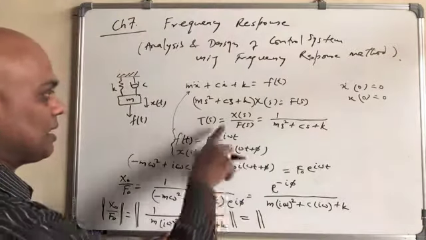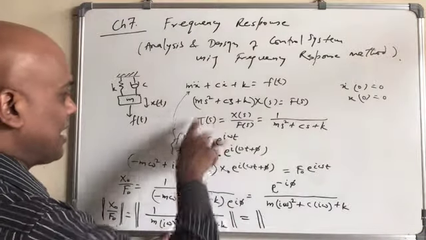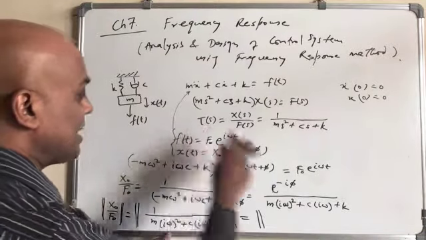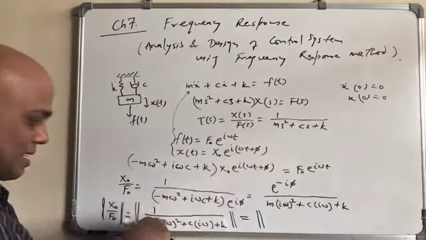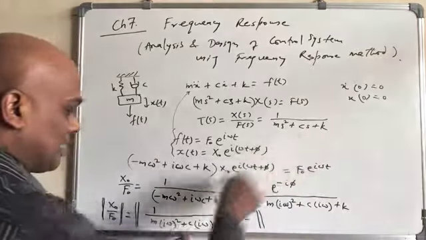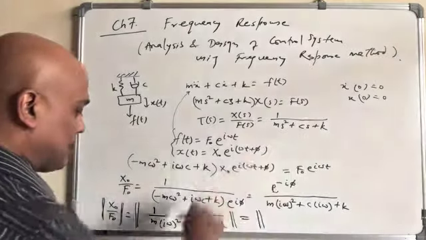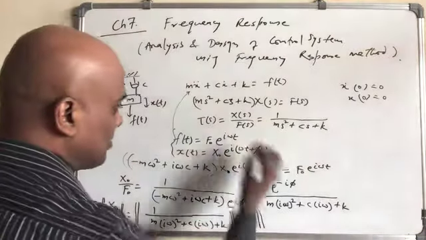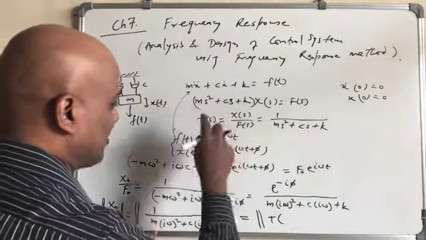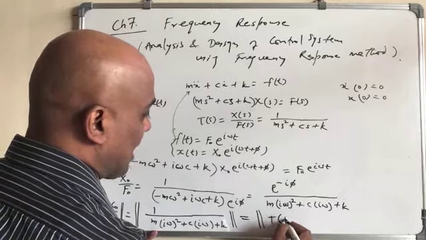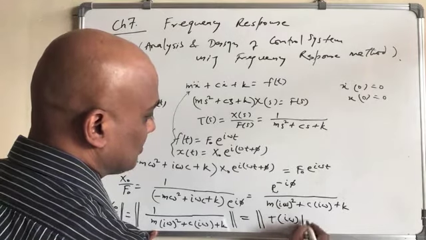If you compare, this is G(s), with s here and i omega here, as if you have just a transfer function and you have put i omega instead of s.